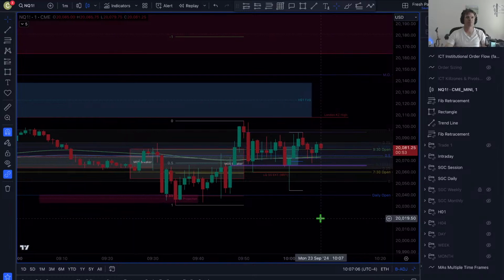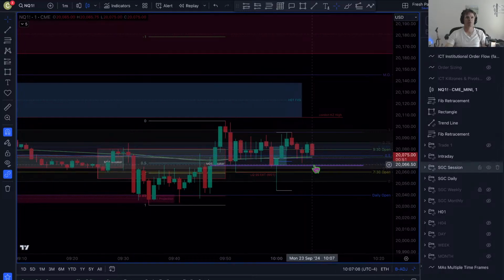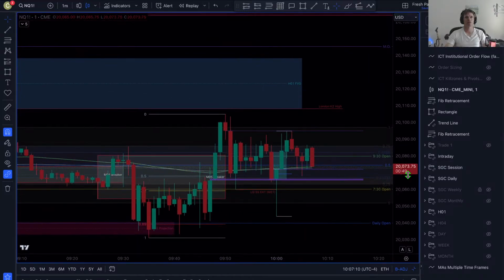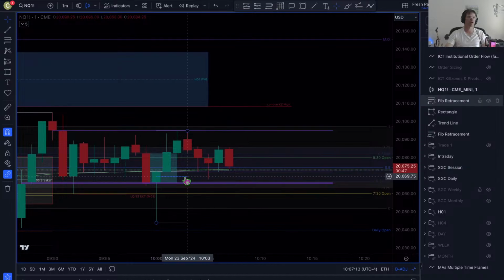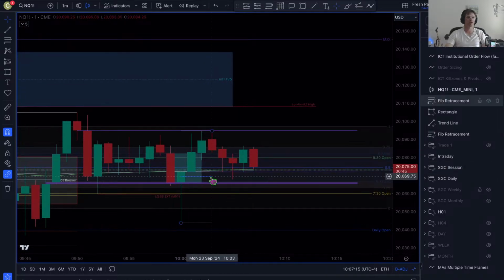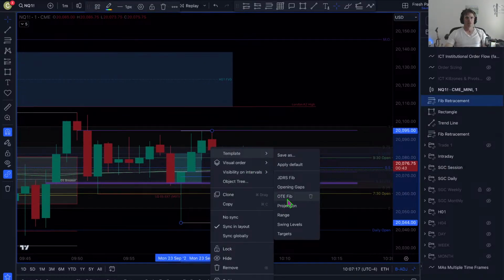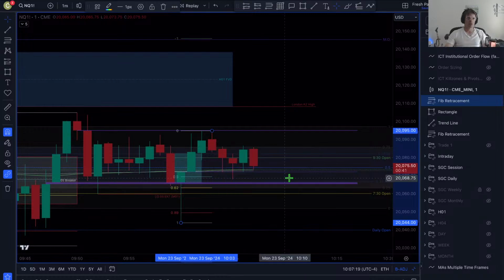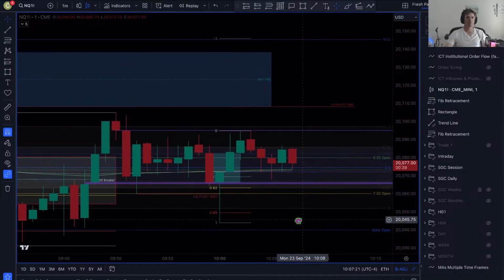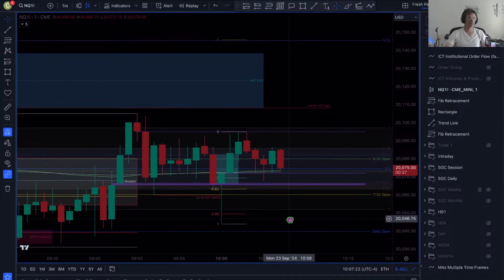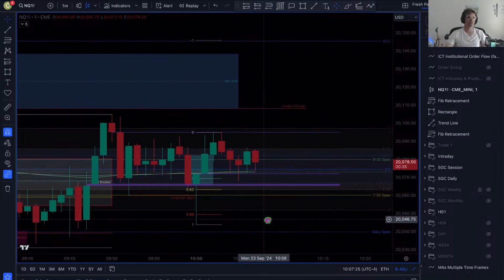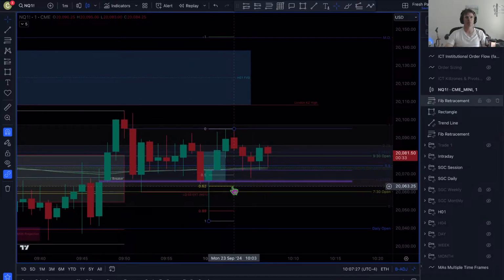I mean, we just took out, essentially, if you look at that M1 range, we came back down in the discount of it. We didn't quite get to the 62. Let's see, did we? Yeah, not quite. If we do, there's just not a very good order block there unless you're going to trade the wick block.